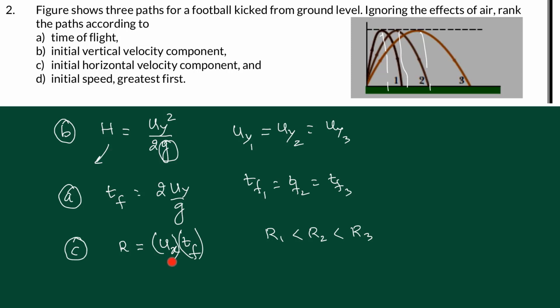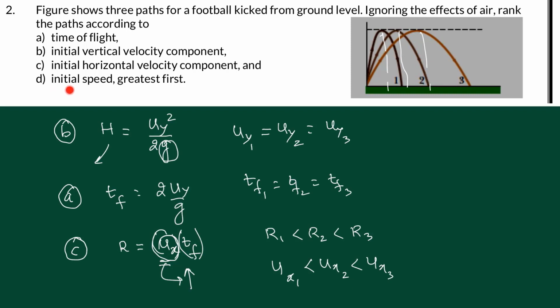All three have the same time of flight, so they differ in initial horizontal velocity component. So as the x component of velocity increases, what will happen to range? Range will also increase. So the relationship is, range is directly proportional to the initial horizontal velocity component. So ux1 is less than ux2 is less than ux3.